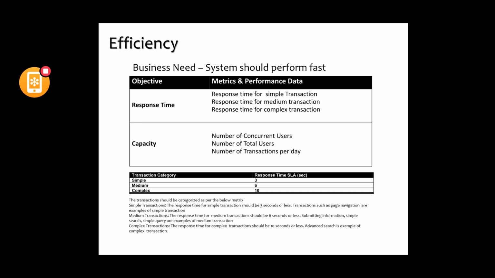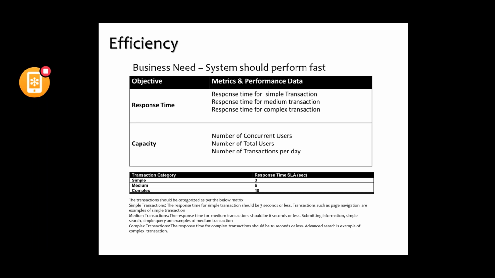So what would be the response time, the average time for doing a simple transaction? What would be the response time for a medium transaction, and for a complex transaction? We define certain numbers against simple, medium, and complex transactions, and that becomes the requirement related to the efficiency of the application.